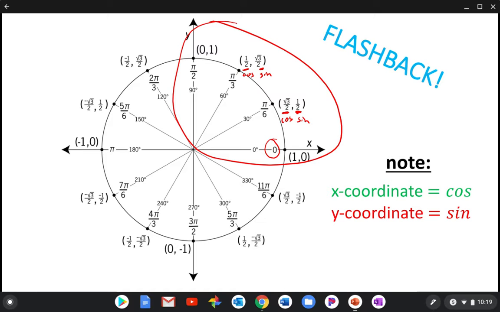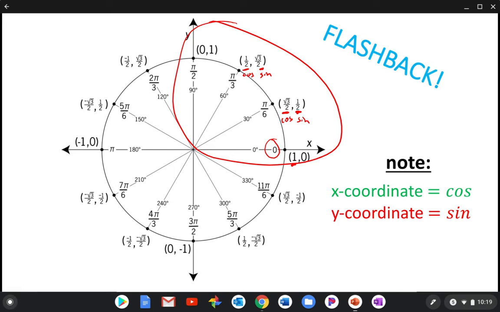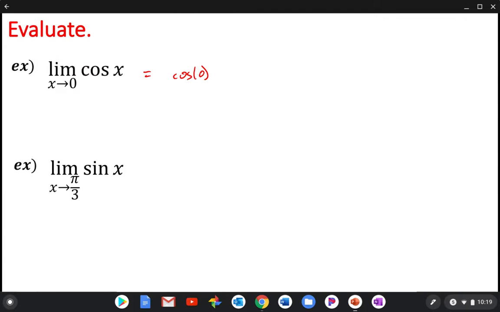Everything is taught in radians, with maybe a few exceptions, but radians are always what we're generally talking about, you can assume. You go to 0, okay, the cosine of 0, you want to look at the x-coordinate. So the x-coordinate at 0 is 1. So the cosine of 0 is, in fact, 1.